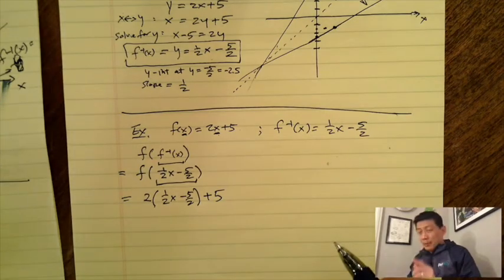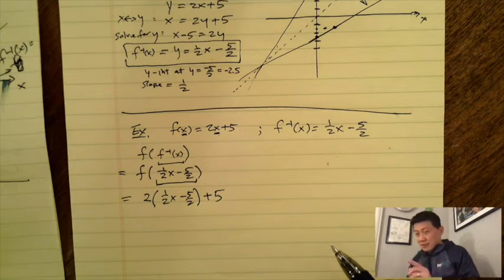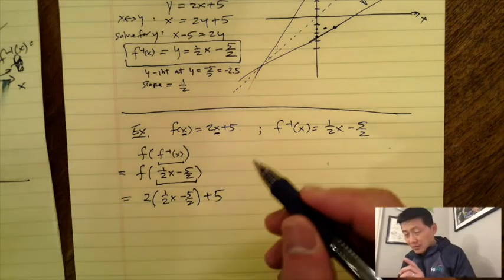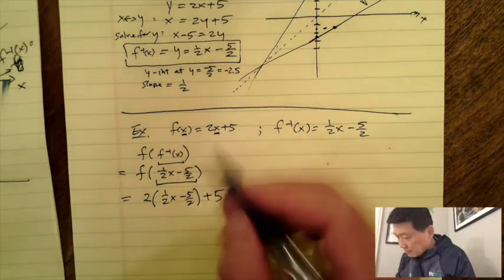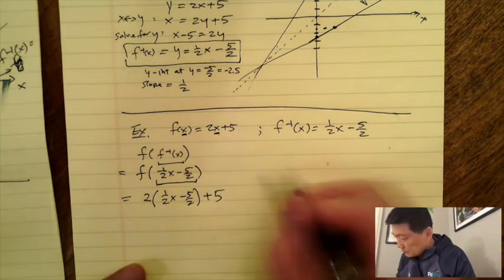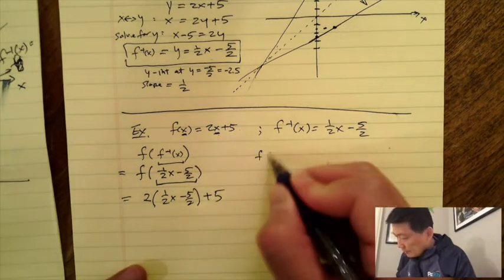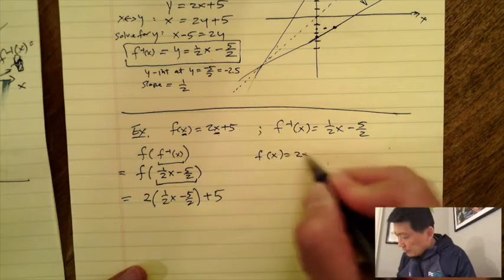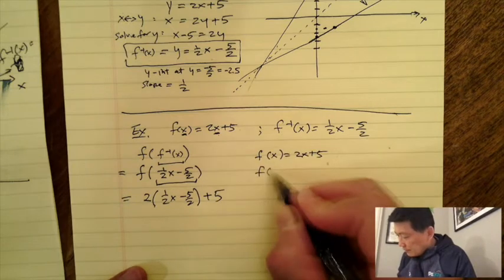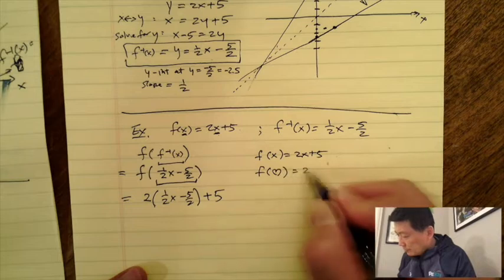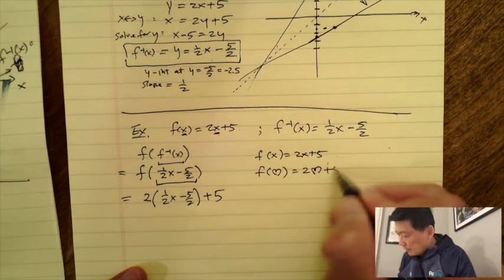Now, it is possible that you didn't follow me on this one. It could be confusing, I understand. Remember, f of x is equal to 2x plus 5. F of heart is equal to 2 times heart plus 5.